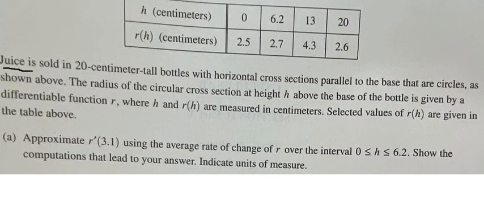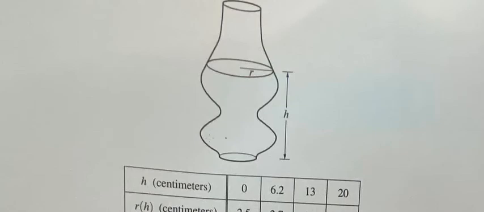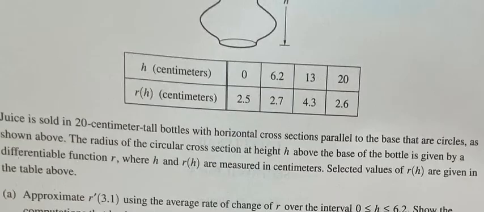We have juice sold in 20 centimeter tall bottles with horizontal cross sections parallel to the base that are circles. That means if I choose one location here, we create a cross section, and this cross section is a circle.